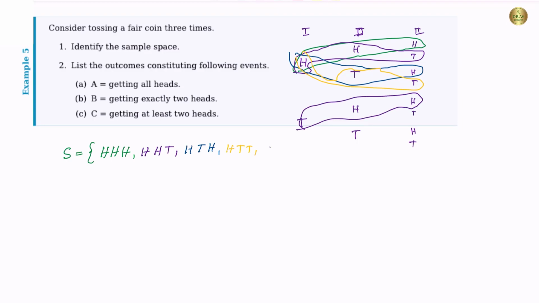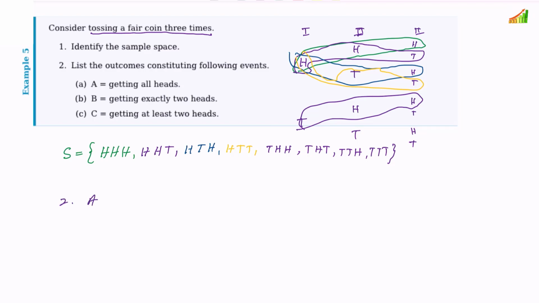So I will write the elements T, H, H, T, H, T, T, T, H, T, T, T. So that is the sample space, all possible outcomes. This one is tossing a coin 3 times, right? Then how about 3 coins one time? Actually, it also has the same sample space here.